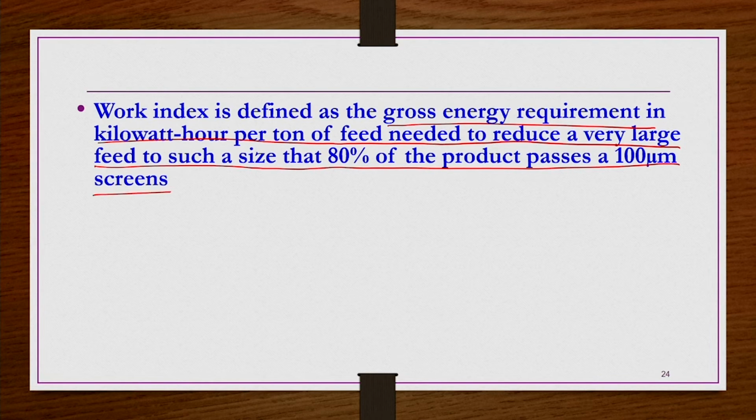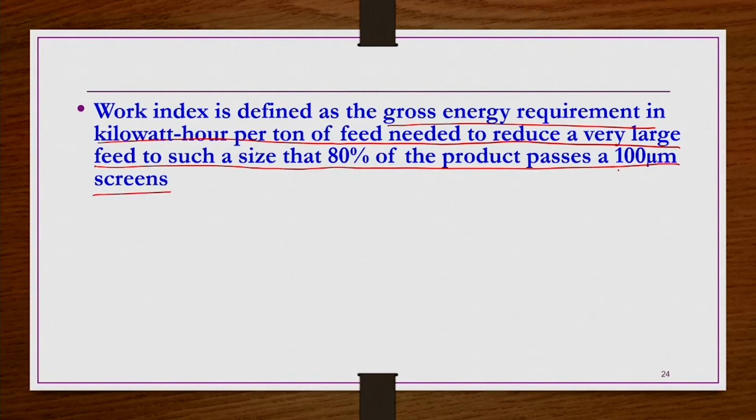So, this work index Wi is nothing but P by m dot for a case where large size particles are crushed such that 80% of the product passes through a 100 micron screen. So, dp is going to be 100 microns.